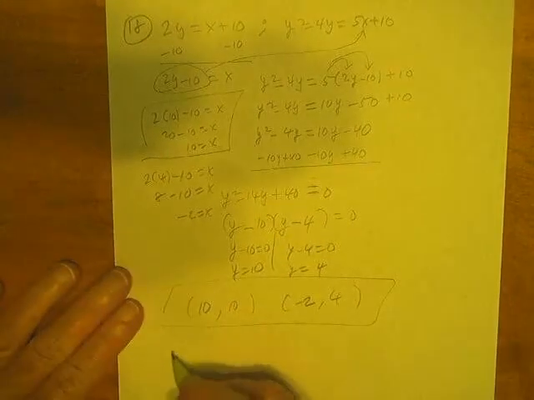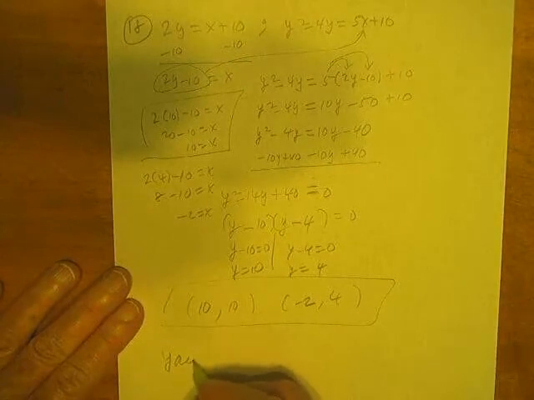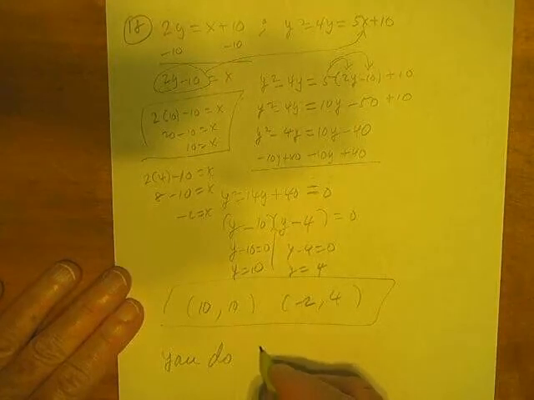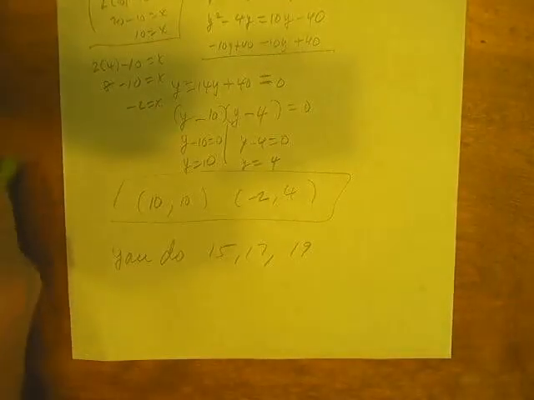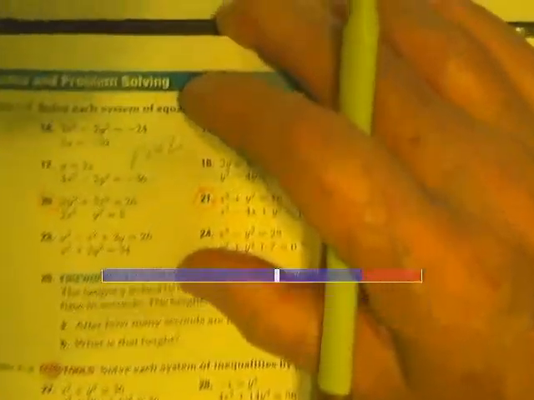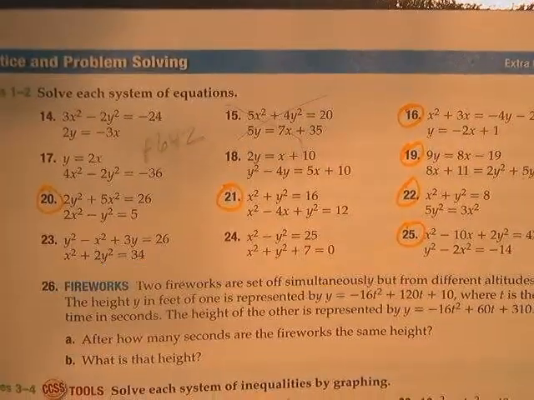And then you need to do 15, 17, 19. And here's a picture of those right here. Let's enlarge this a little bit, make it look good. There you go.